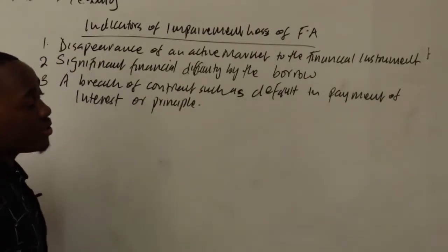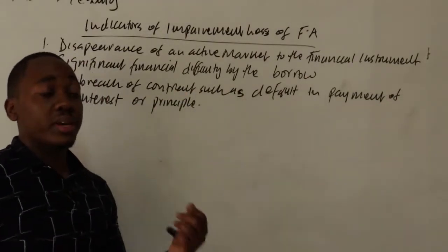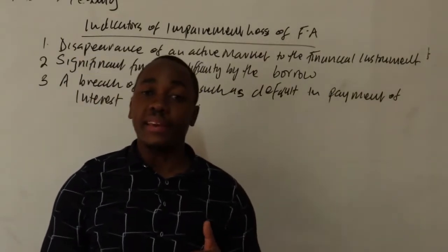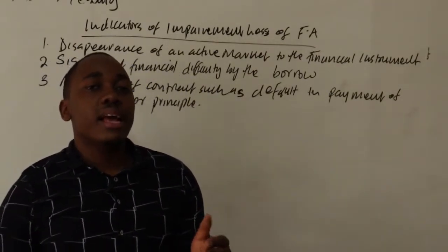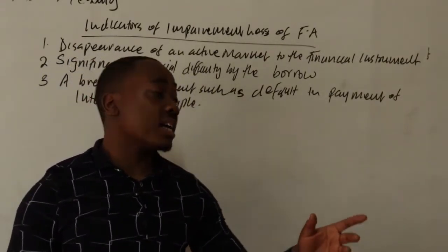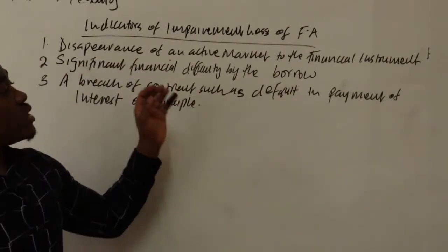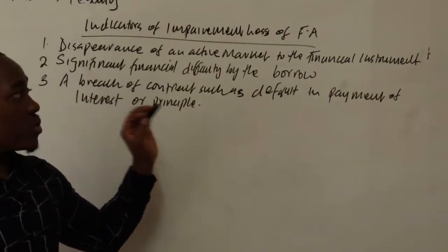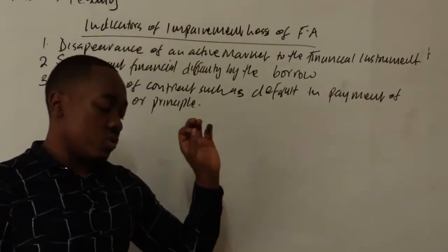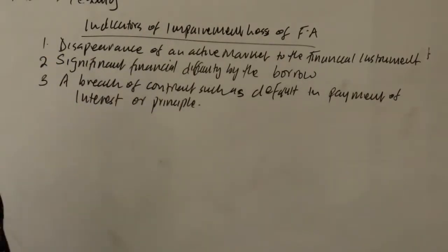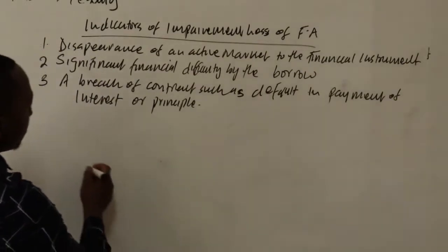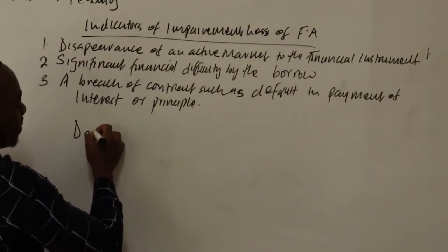Assuming it's a loan, and the borrower has been paying interest, but there is a time that for 2 months or 3 months has not been able to finance that debt. So in that case, we may say that it's one of the indicators of an impairment loss of a financial asset.